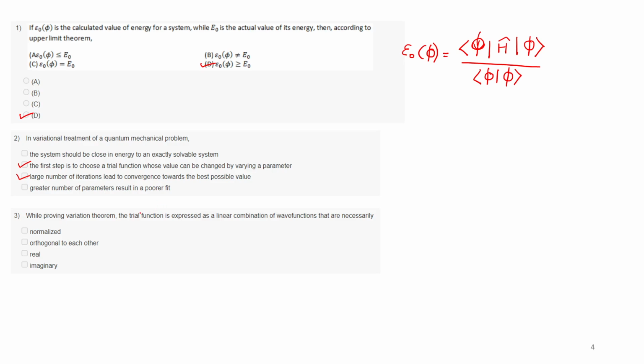Now let us go to question number three, which states that while proving the variational theorem, the trial wave function is expressed as a linear combination of wave functions that are necessarily normalized and orthogonal, actually orthonormal.